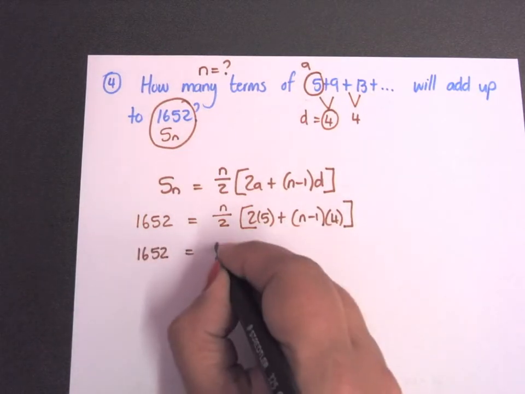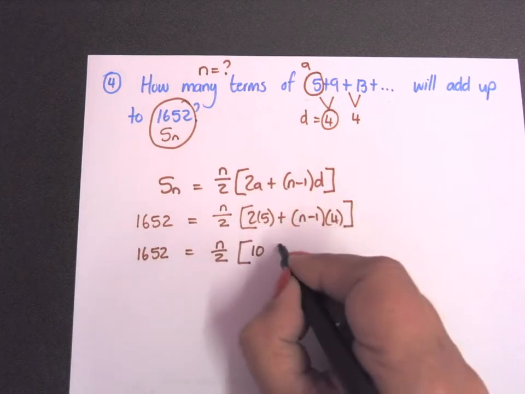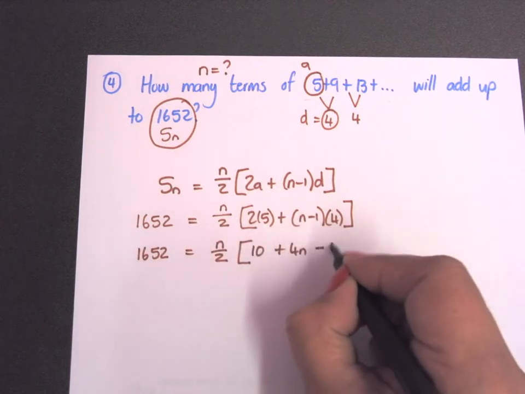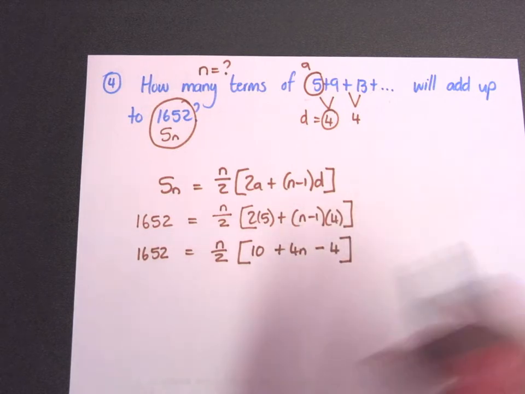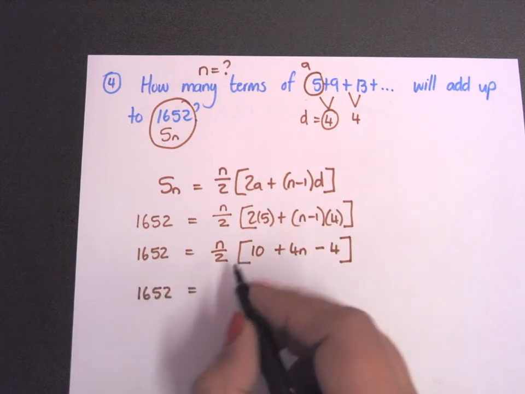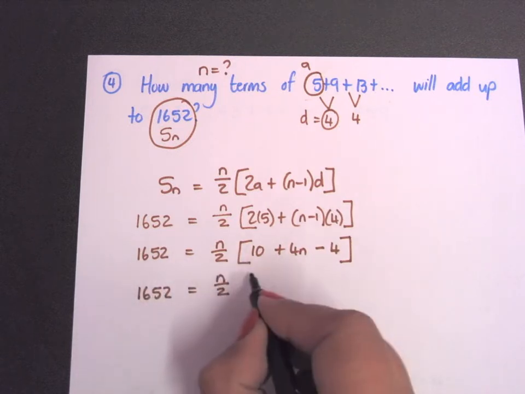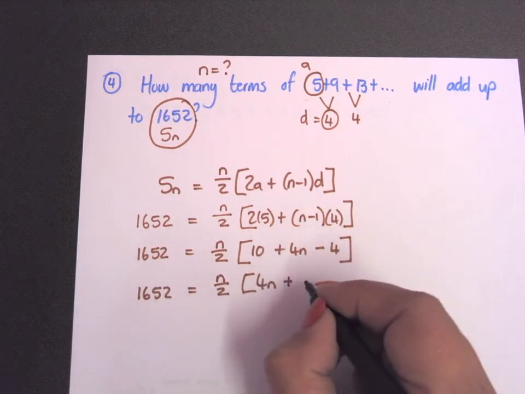1652 equals n over 2, 10 plus 4n minus 4. I simply multiplied the bracket. Now I have 1652 equals n over 2, 4n plus 6.